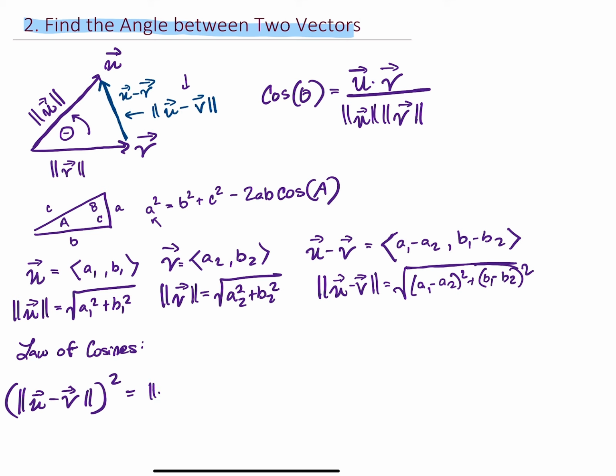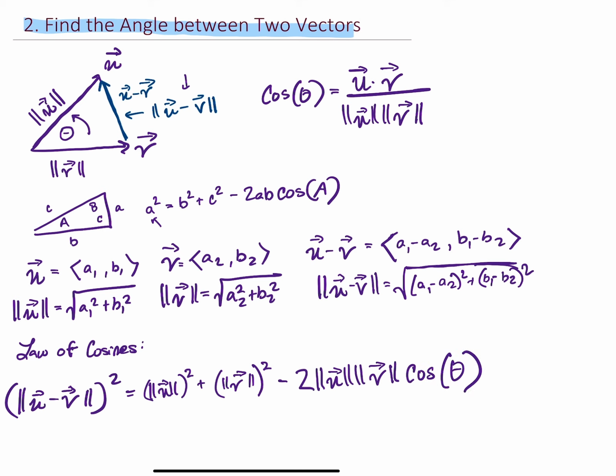So we can say the magnitude of u squared plus the magnitude of v squared. And we have our minus 2bc cosine A. So minus 2 times the magnitude of u times the magnitude of v times the cosine of theta. And that's the angle between the two vectors.